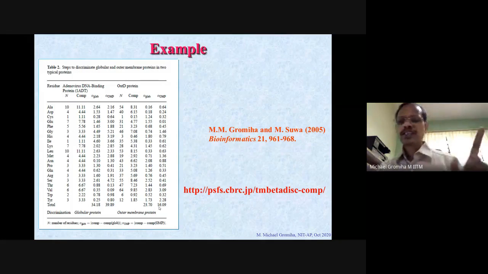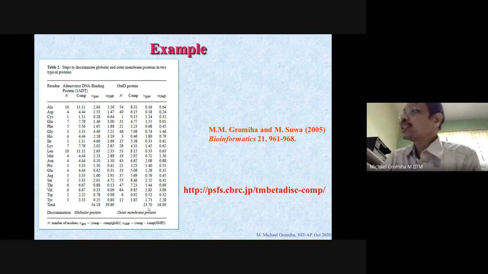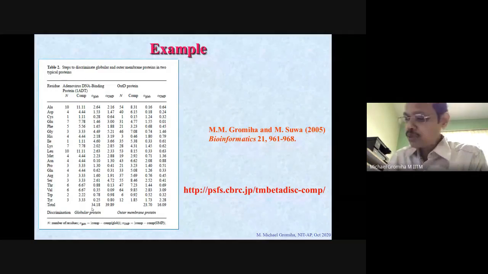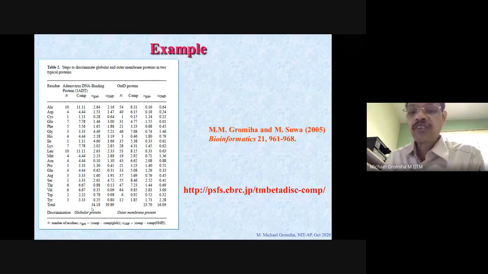And in another case, she asked the question about exactly the equal case. If you see here, the deviation is very high. One is 16, one is 23. In this case, the confidence level is very high, so you can be highly confident that this is the membrane protein. But if you see here, the difference is not very high. So depending upon these absolute numbers, we can also give you the reliability, how far the method is reliable.